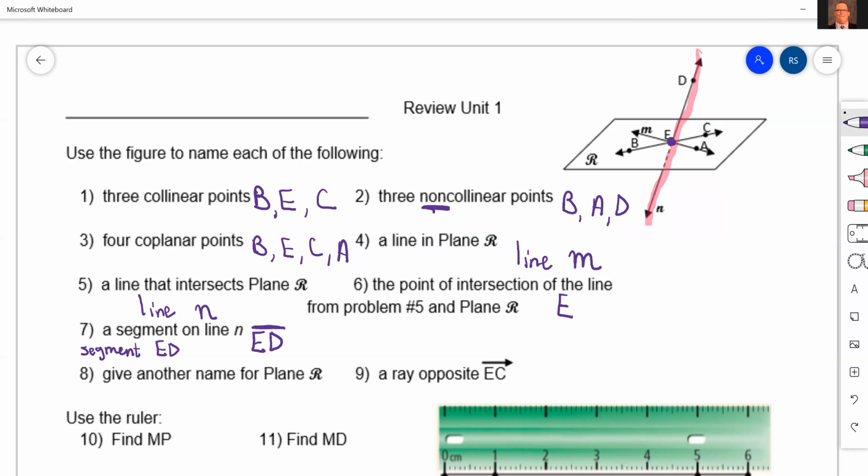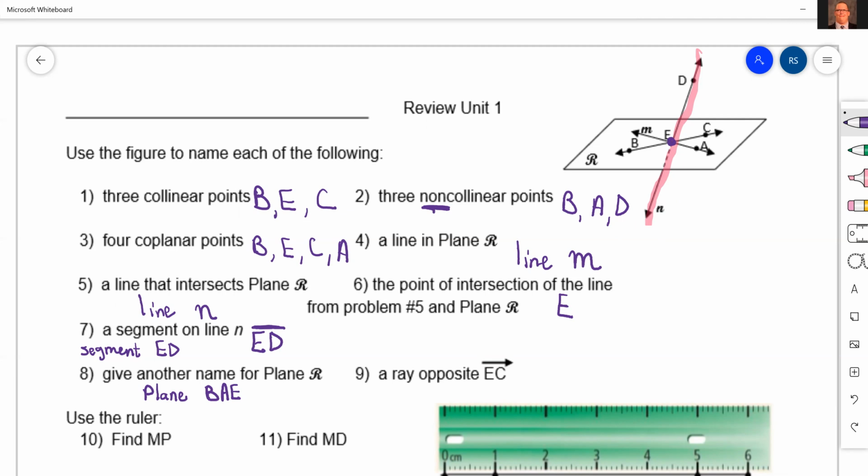We can't say BEC. We can't say ECB. You've got to pick a point off of that line. So I'm going to say plane, let's say plane Bay. How's that sound? B-A-E. Plane Bay. Because math is Bay.